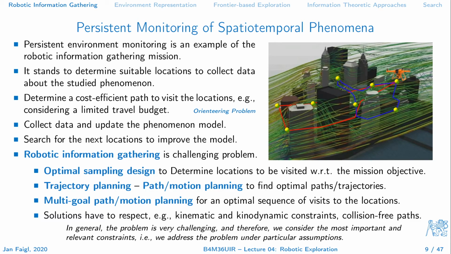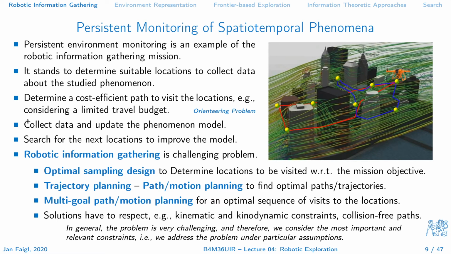So you need to repeatedly visit the locations, to deploy the robots in the environment to collect the data, because the model is evolving in time. Such an example is shown here, where we have multiple locations where we measure the wind to capture the spreading of some gas in the environment, or pollution and so on.